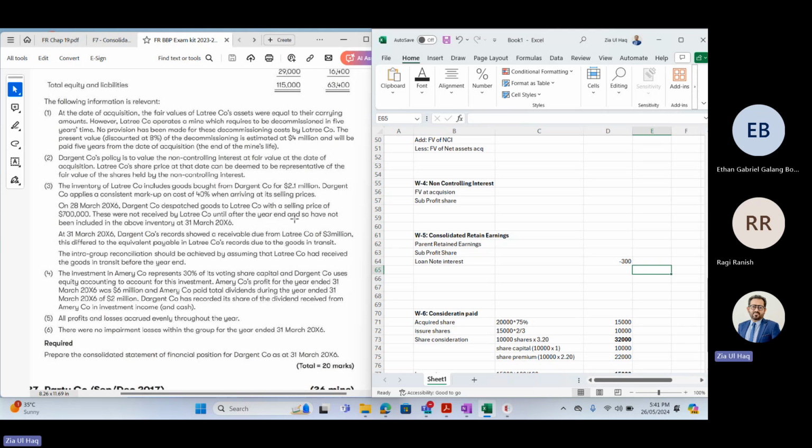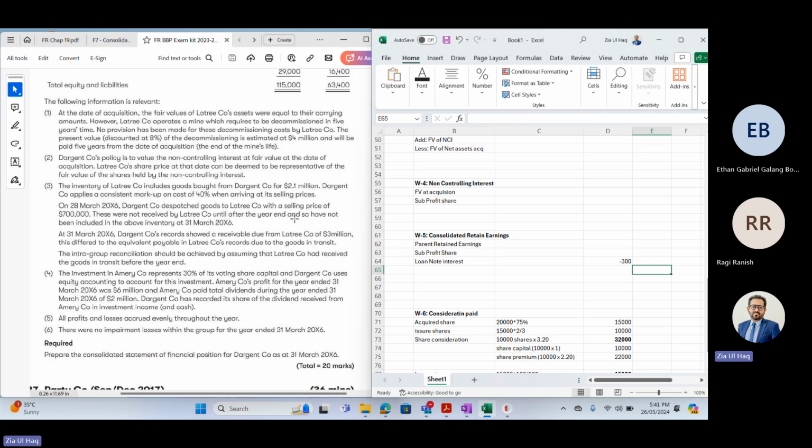No provision has been made for these decommissioning costs, environmental provision costs. We need to add it to the asset and it should be recorded as a liability. And then unwinding discount interest every year we need to charge in P&L and add it to the liability.